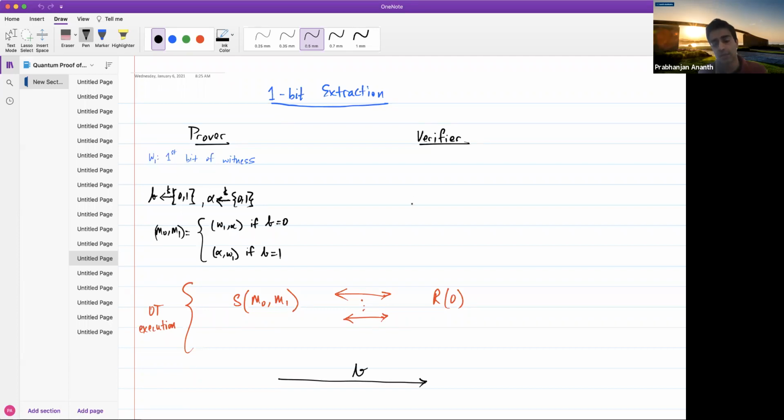And the verifier is going to play the role of the receiver, and it's just going to set the receiver's choice bit to be 0. And after the OT protocol completes its execution, at the end, the prover is going to send the bit B to the verifier.